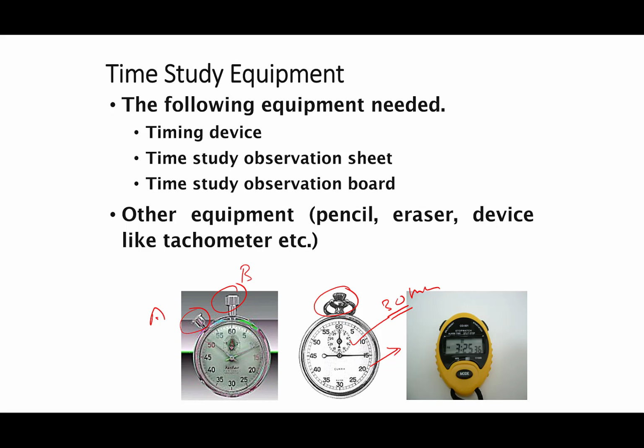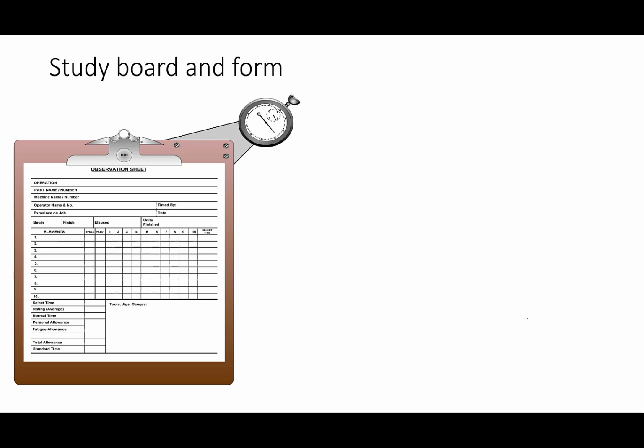There are different types of watches used. Here is a digital stopwatch. Nowadays you will mostly see digital stopwatches, even in mobile phones.